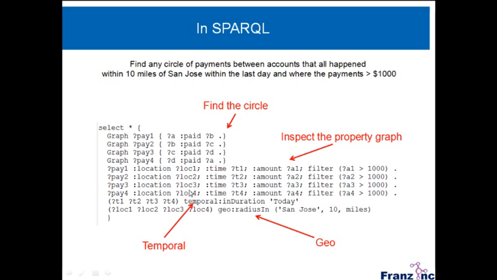We can look at the time, we can look at the location, and then ultimately we can say whether something happened in a particular duration and within a particular time interval, and in a particular geospatial region. So the full power of SPARQL, and you can do everything you can do with the triple store.